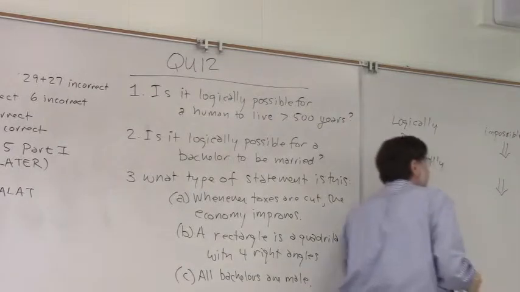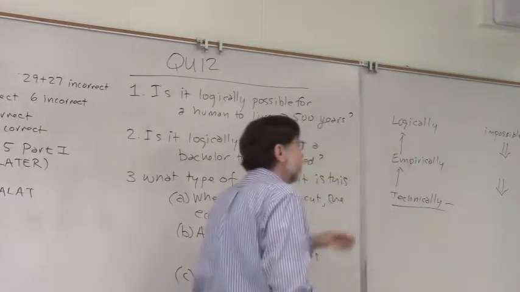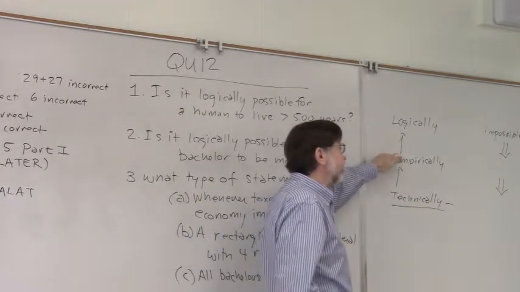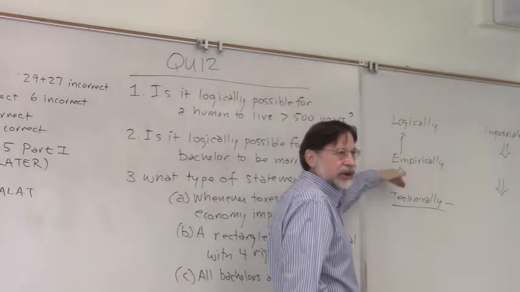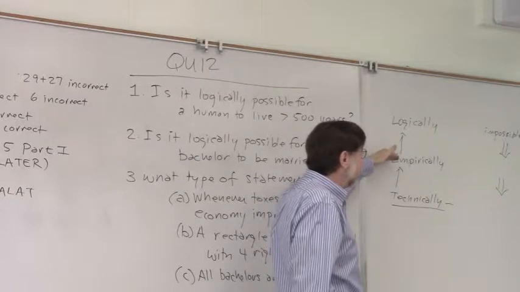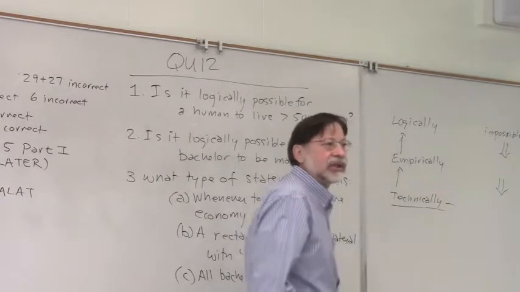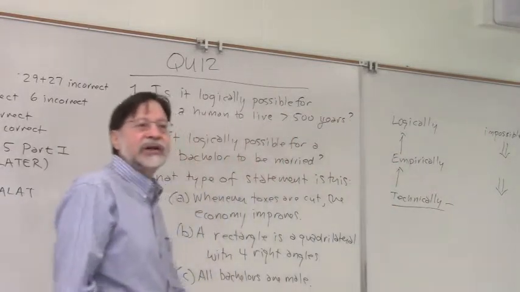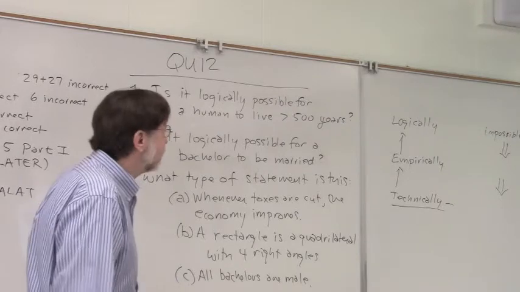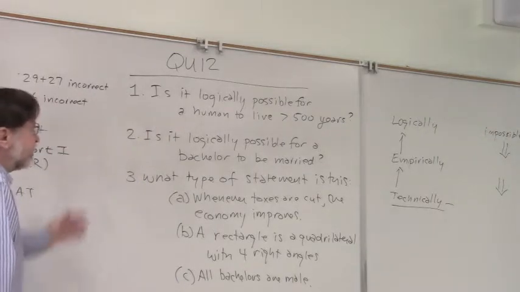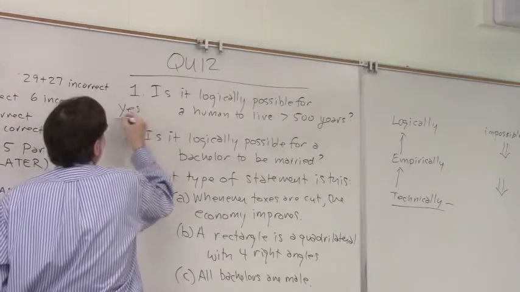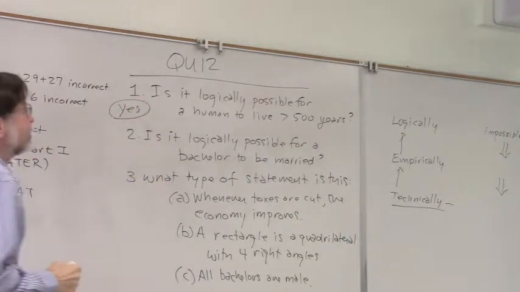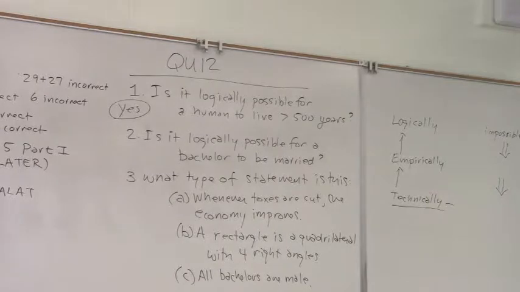So if it's logically impossible, it doesn't even make sense to talk about it being empirically or technically possible. But if it's empirically impossible, you're saying it'll never be technically possible. It's not now technically possible, and never will be. All right, so the answer to number one is yes. It's logically possible, although it may be empirically impossible, and it's certainly technically impossible.